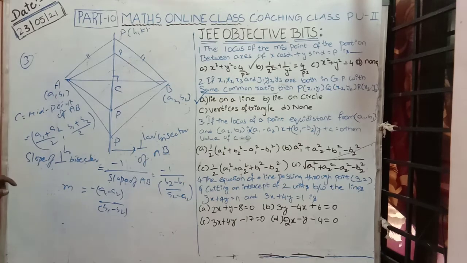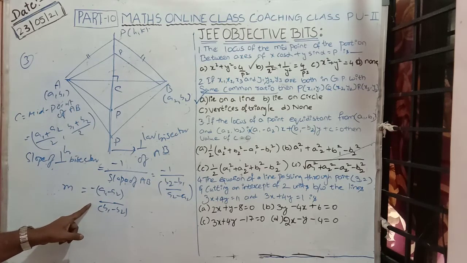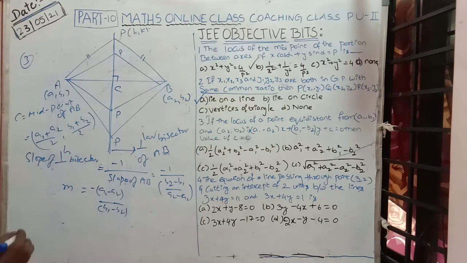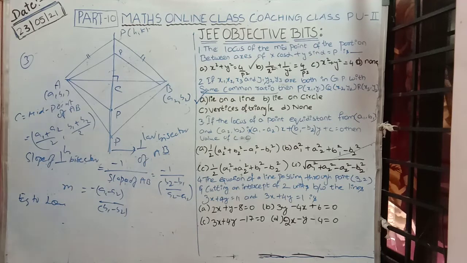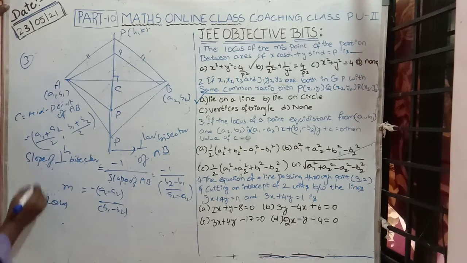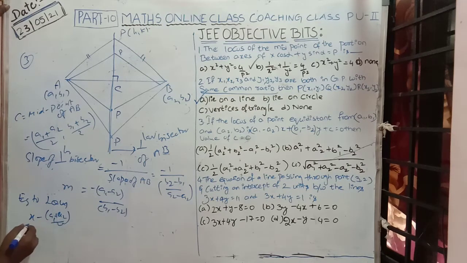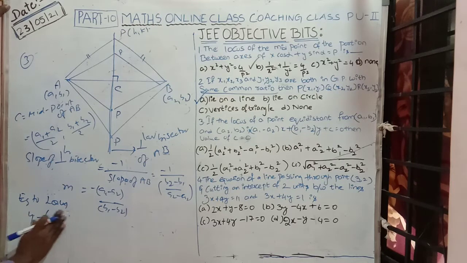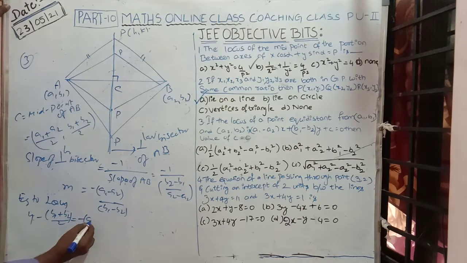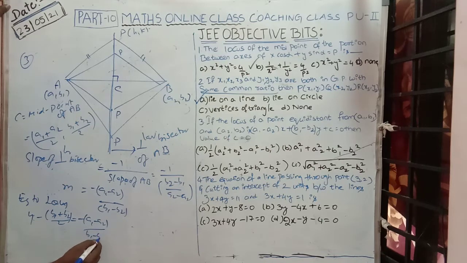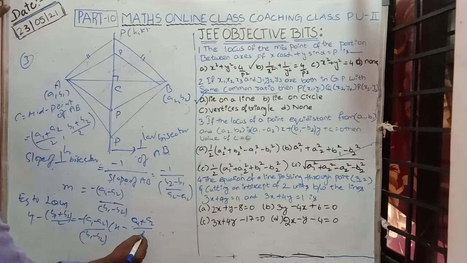So it is passing through this point and having this slope. So the equation to the locus is y minus (b1 plus b2) by 2 is equal to m, that is minus (a1 minus a2) by (b1 minus b2), times x minus (a1 plus a2) by 2.